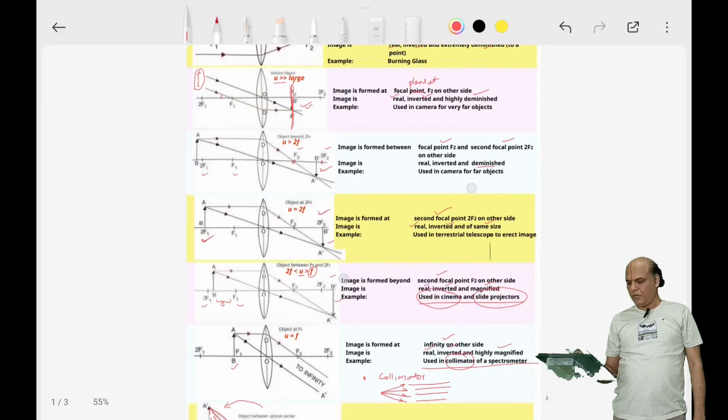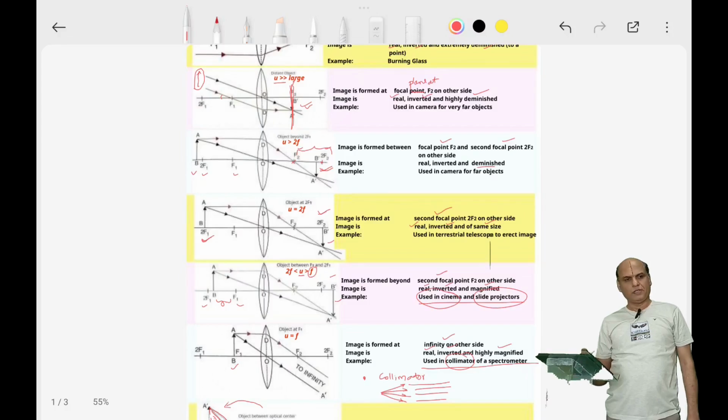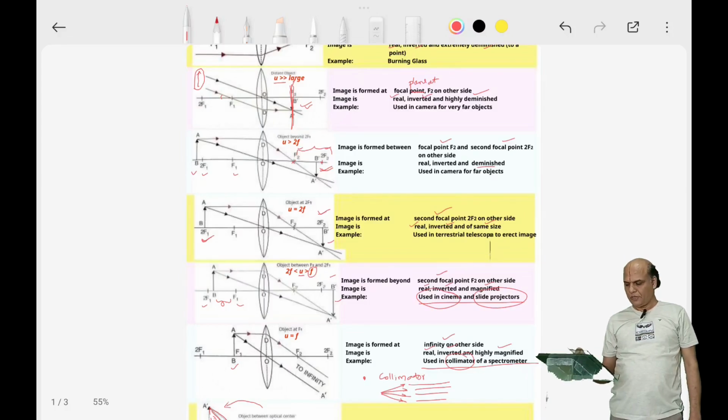Now when the object is moved still closer to the lens, but is placed beyond the second focal point, the image is formed on the other side of the lens, between the first focal point and the second focal point. Here the image is diminished, real, inverted.